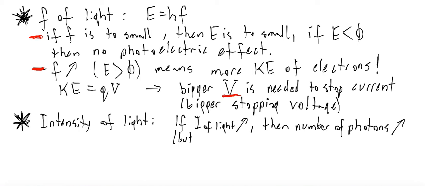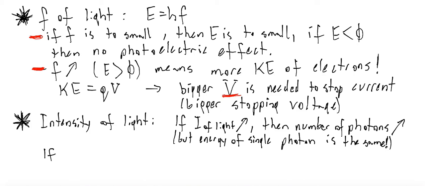So let's write this. But energy of single photon is the same. This is important. Okay, we have more photons. What does it mean? If more photons, then more electrons emitted.